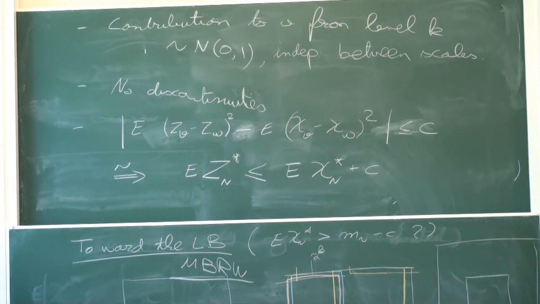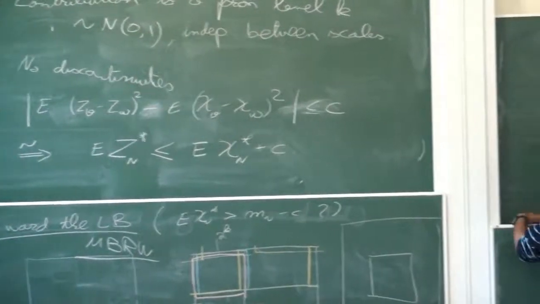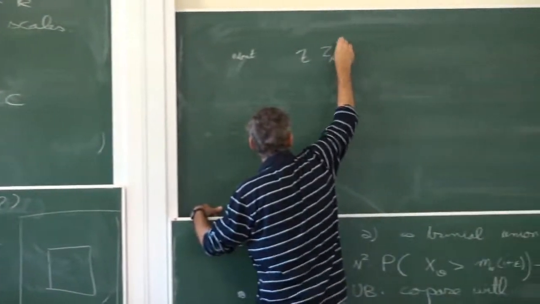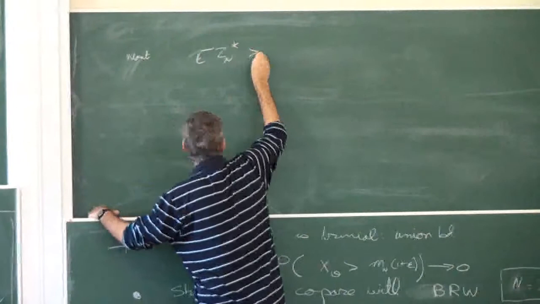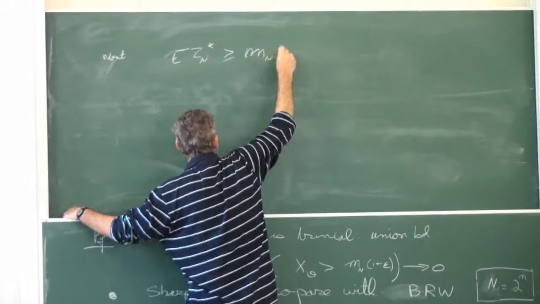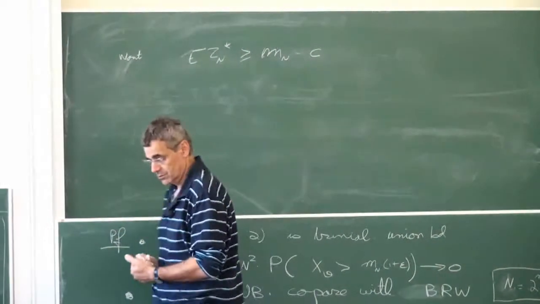I only care about the lower bound. I don't really care about the upper bound. So we want to show that the expectation of Zn star is greater than Mn minus a constant. That's what we need to show.